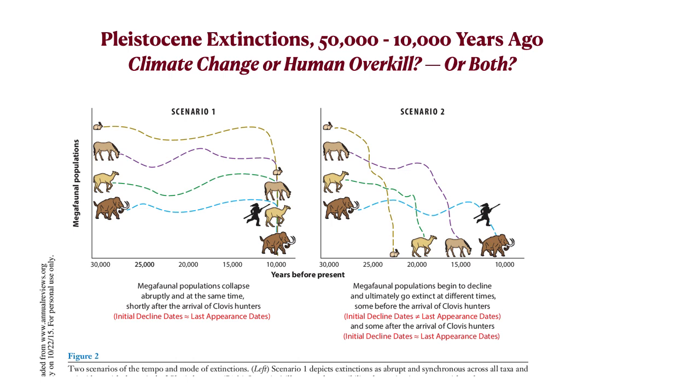So here we have on the left, scenario one is basically the human overkill hypothesis, where everything's going fine. People come in and they encounter naive animals. Now, that may sound ridiculous, but we know from islands that had not been inhabited until European mariners found them that the wildlife was naive.